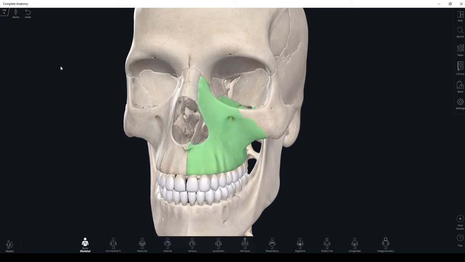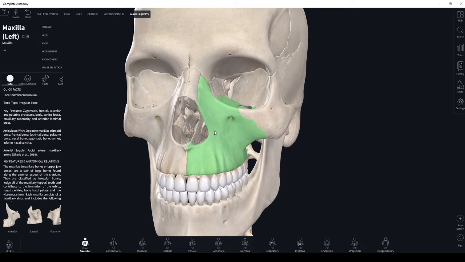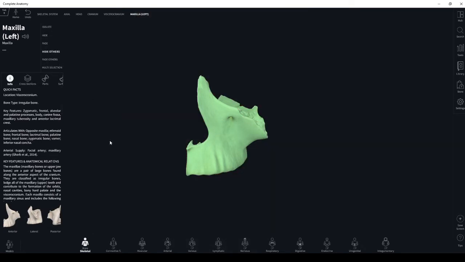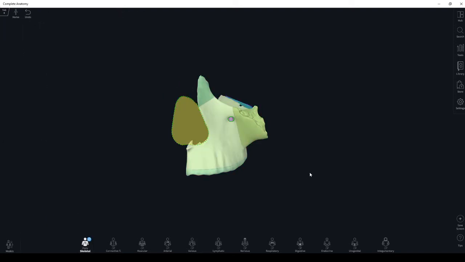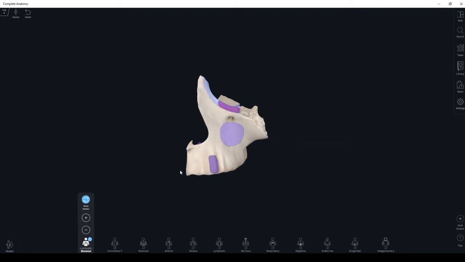On the anterior surface of the maxilla, we can see the main prominent fossa of this bone, which is described in anthropology as the most unique part of this bone.